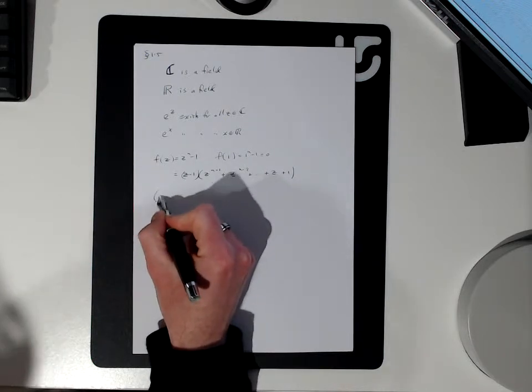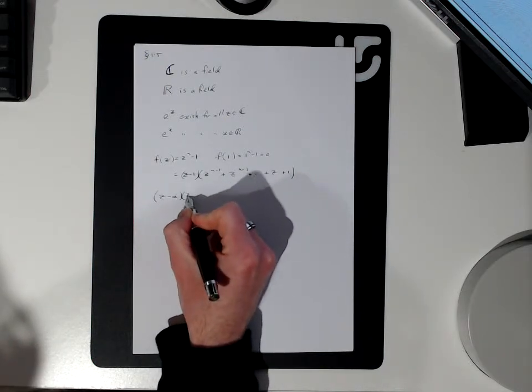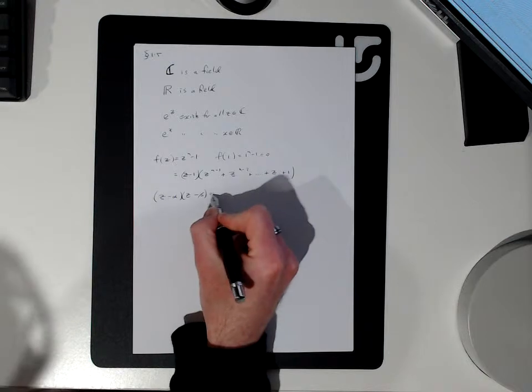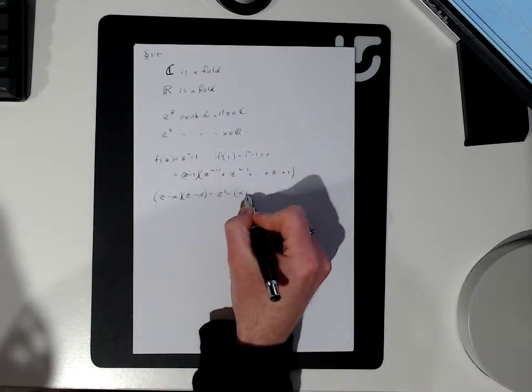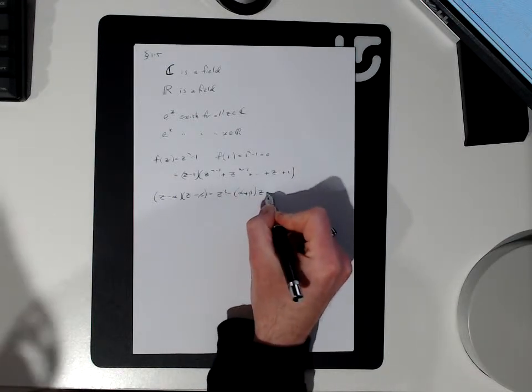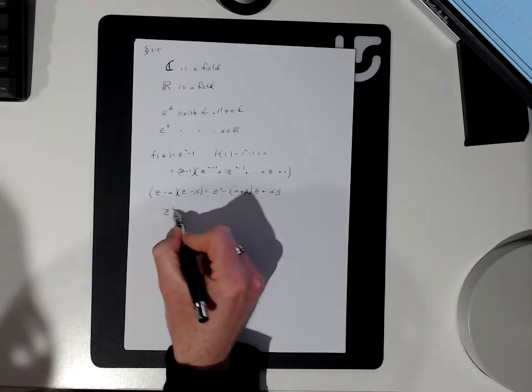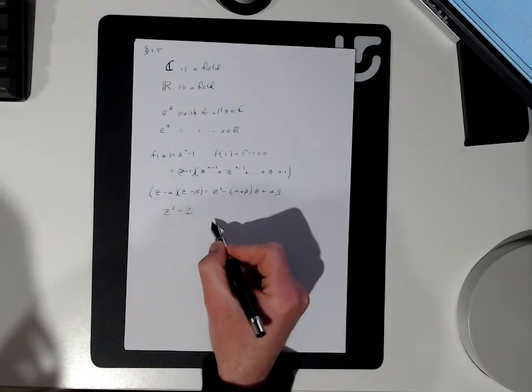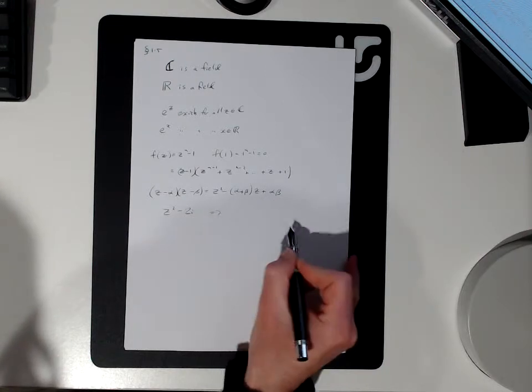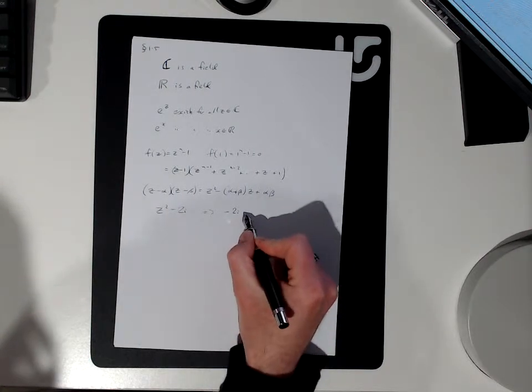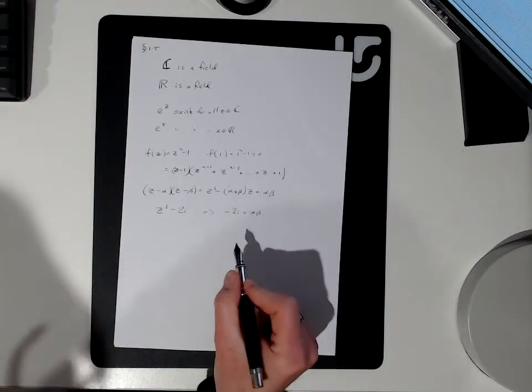Right, here's another example. (z minus alpha)(z minus beta) equals z squared minus (alpha plus beta)z plus alpha beta. So for example, we could have z squared minus 2i, which implies that minus 2i is equal to the product of two things.